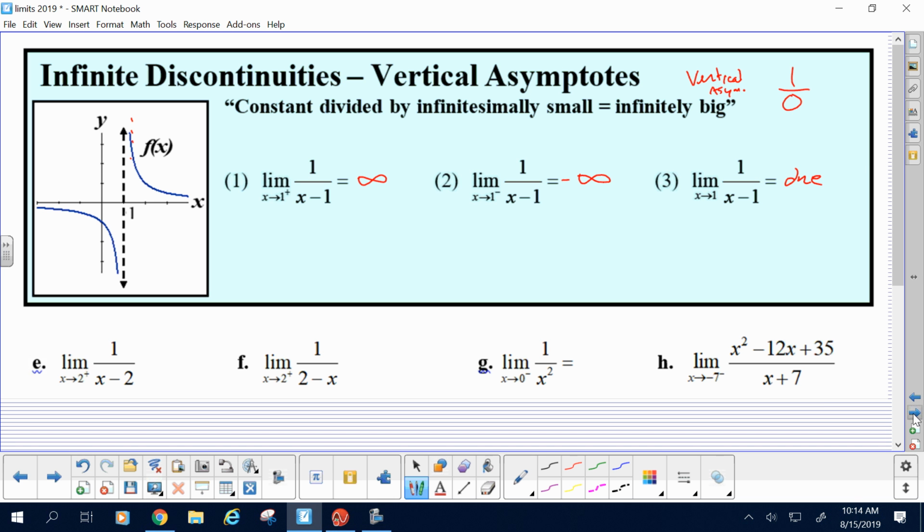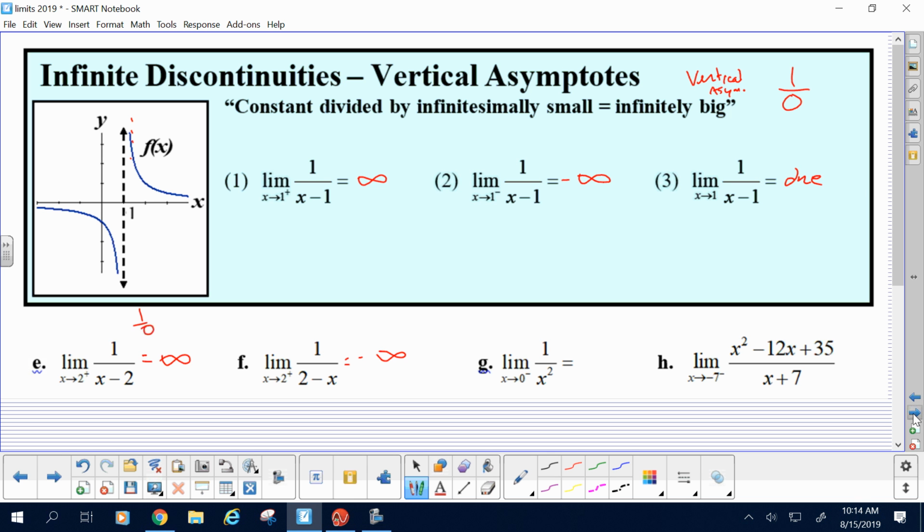If we approach 2 from the right, then we're a little above 2, so it's positive, but we're approaching 0, so we're looking at positive infinity. What about the next one? 2 minus x is like 2 minus 2.1. Was that positive or negative? That's negative. Small in the denominator. 1 over small negative is huge negative. It's negative.